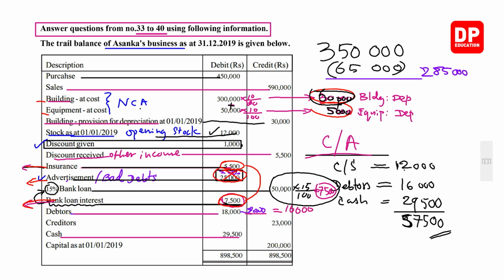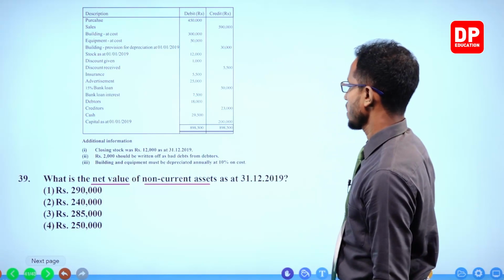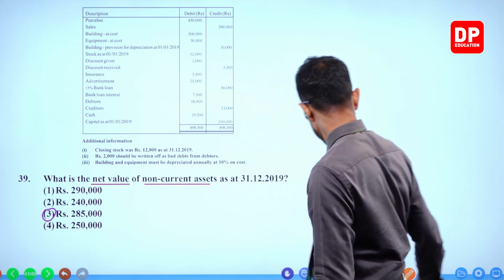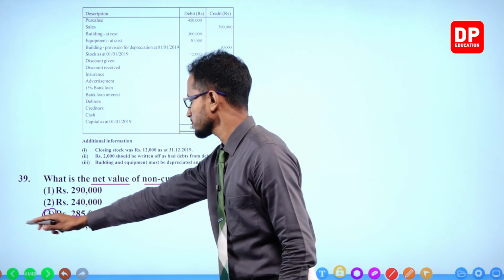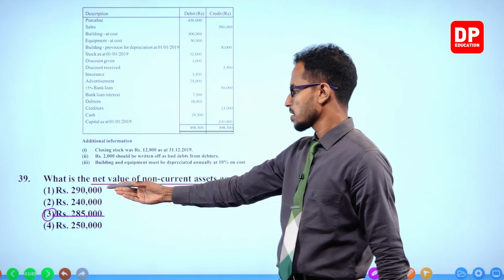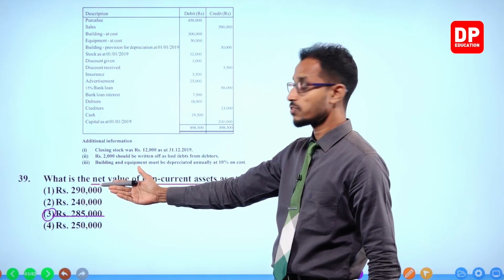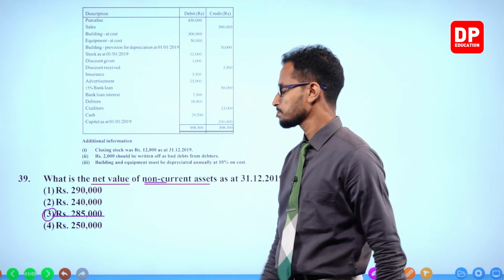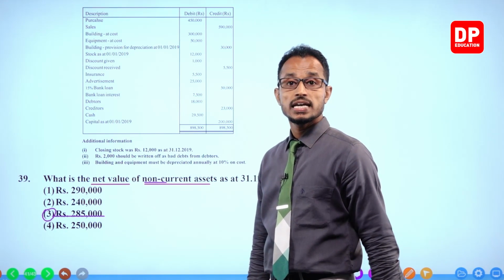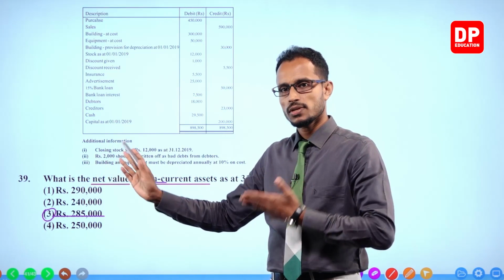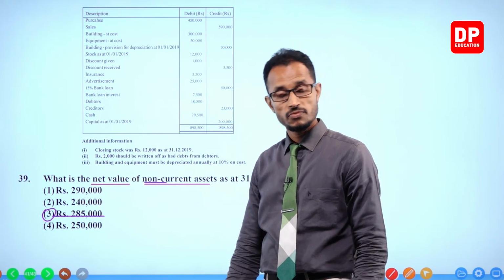I hope you are doing too. Yep, answer is here. 285,000. Net value of non-current assets, 285,000. Total non-current assets minus total depreciation with the provisions.